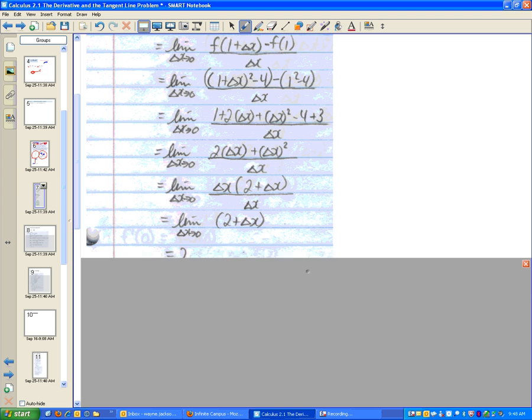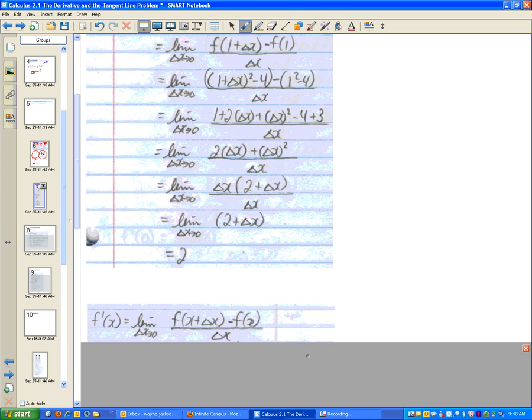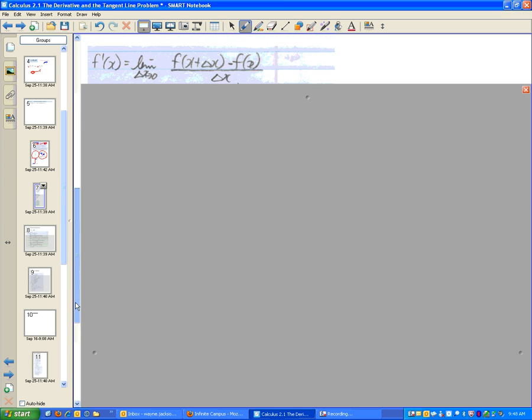Let me skip this part for a minute. Let me show you the best way to work this problem first. Let's do this. The derivative is a formula to find the slope of the tangent line.